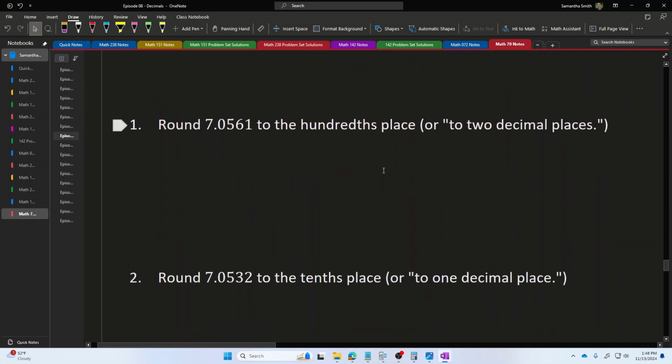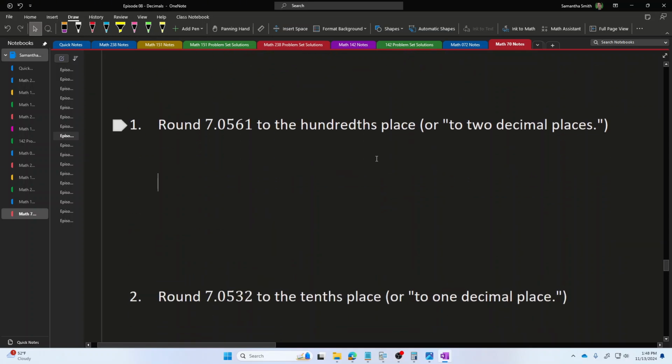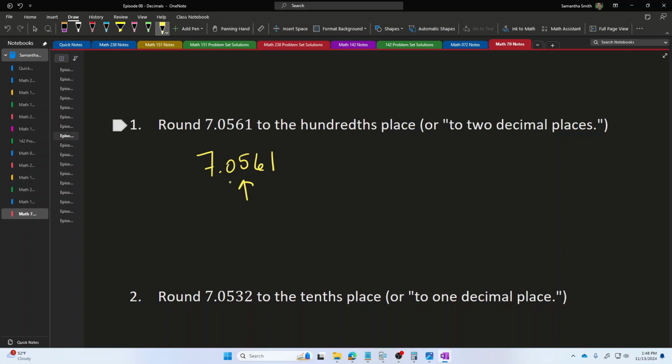Now somebody says round 7.0561 to the hundredth place. So if I look at 7.0561 and I identify the hundredth place, and then I look at the digit directly to the right of that, this digit 6 is a relatively large number.